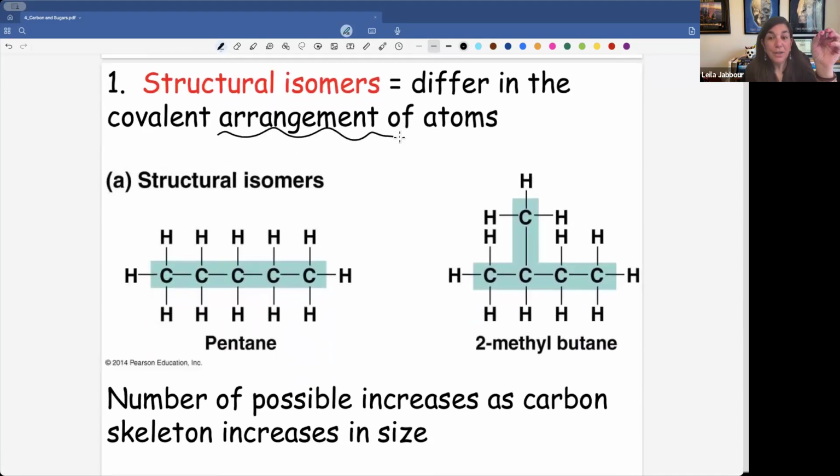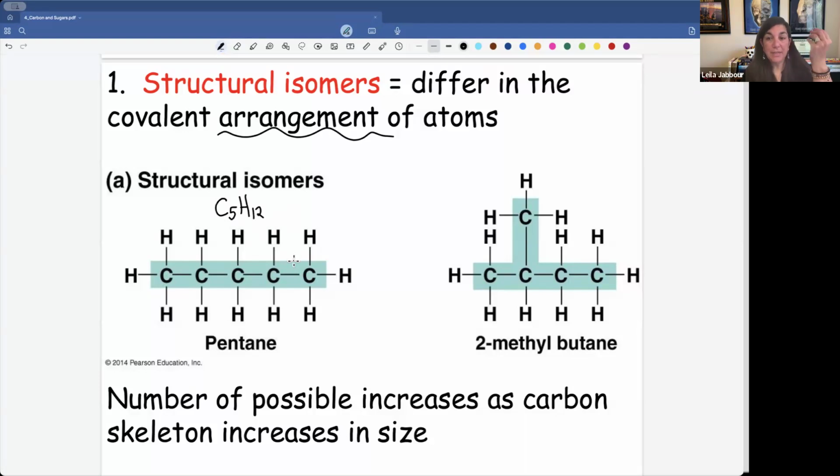We just saw examples with butane. Let's look at pentane and 2-methylbutane. Here, you have 1, 2, 3, 4, 5 carbons and 12 hydrogens. So C5H12, that's how you write it out.